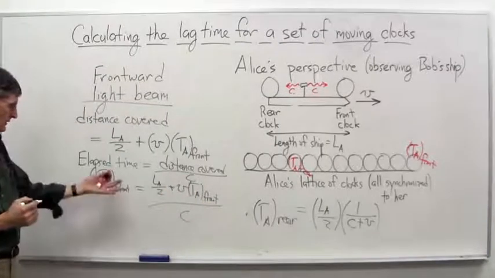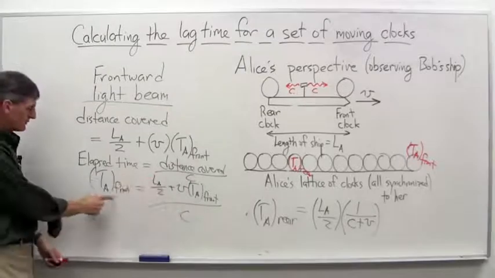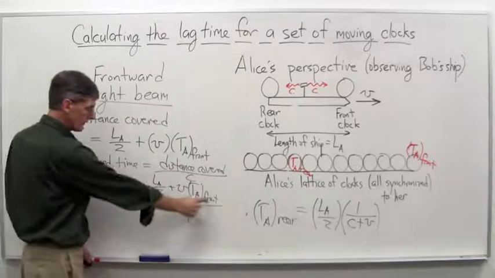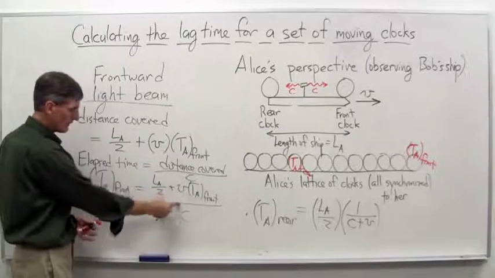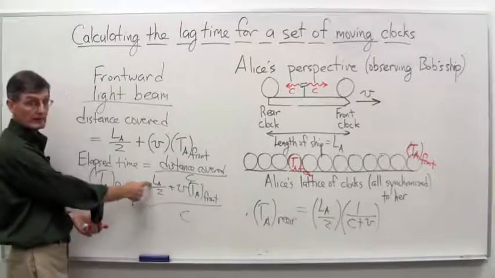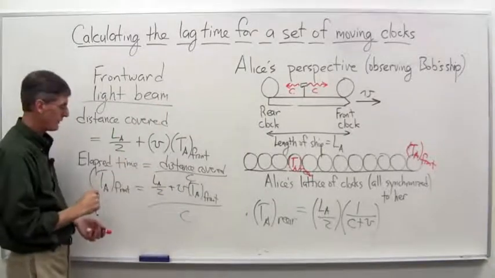And if you do that, notice we have TA front on this side, we have TA front on this side, we have V, which is a given value, C, we know, LA is a given value, the length, according to Alice, of Bob's ship.